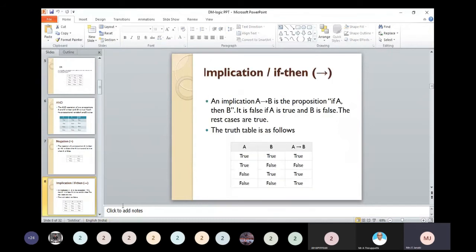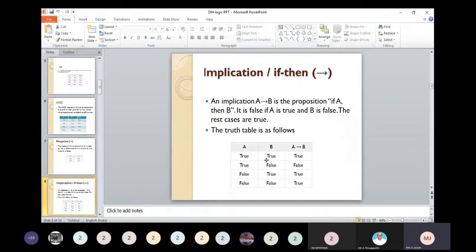And next we will see the implication. Implication means conditional statement. If P, then Q. The implication A conditional B is the proposition that is, if A, then B. So we will see this.